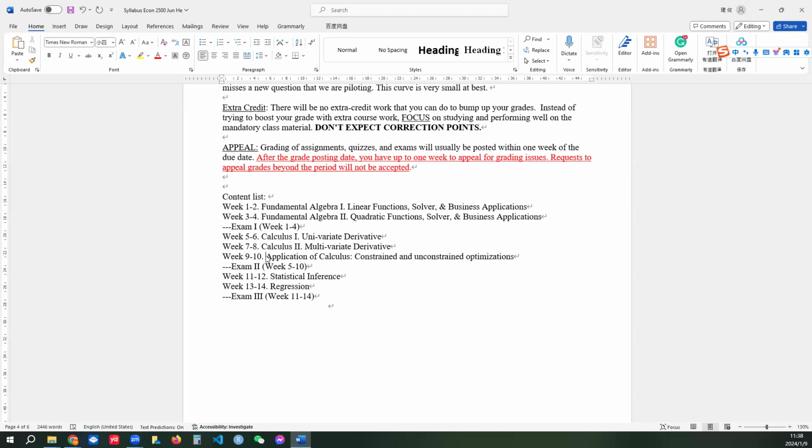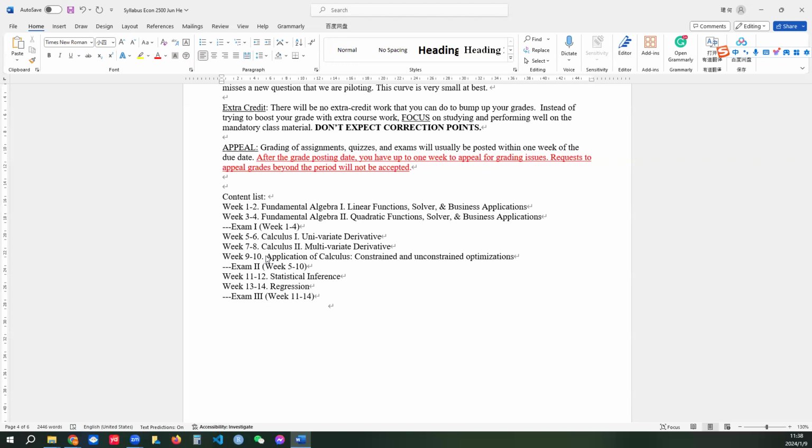So y equals a function of x, right? And calculus 2 is the multivariate derivative. So in that case, you are taking the derivative of y equals f(x1, x2, x3). So for this y function, there are more variables. That's what we call multivariate.